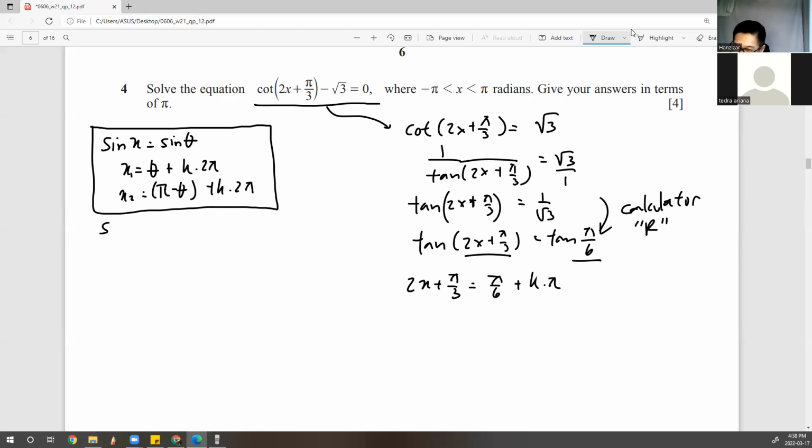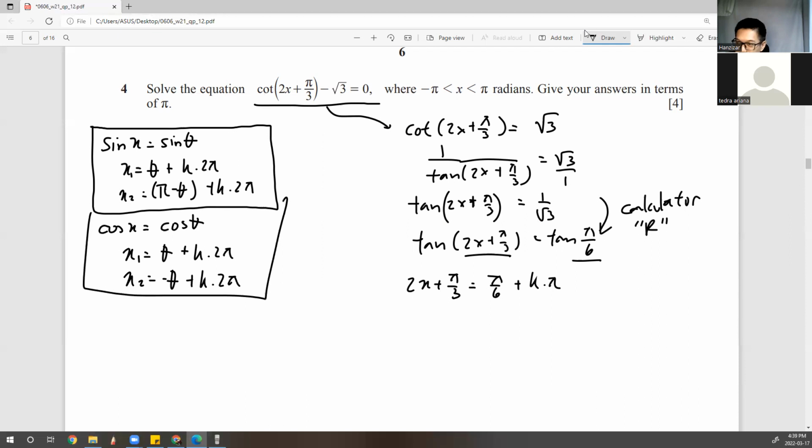Now for cos: cos x equals cos theta, so x will be theta plus k times 2 pi, or x2 equals negative theta plus k times 2 pi. And for tangent, only one formula: tangent x equals tangent theta, so x will be theta plus k times pi. The theta is pi over 6 already.